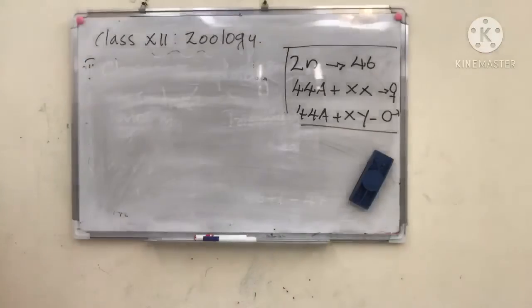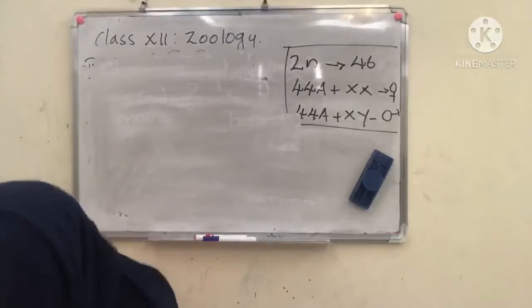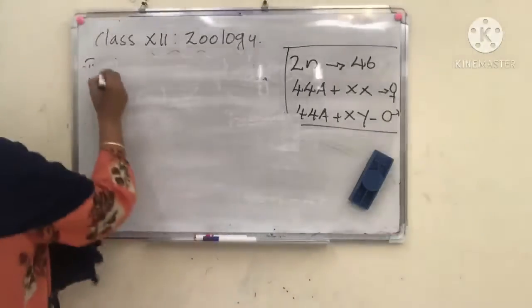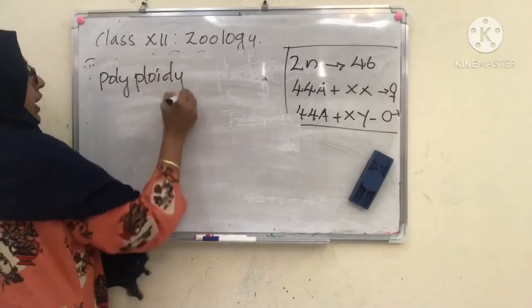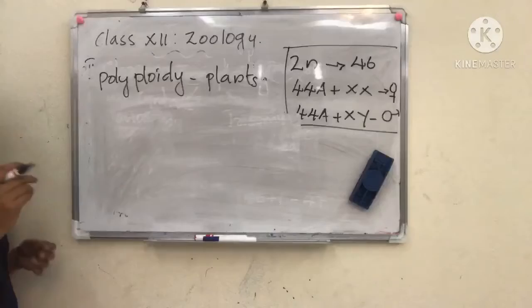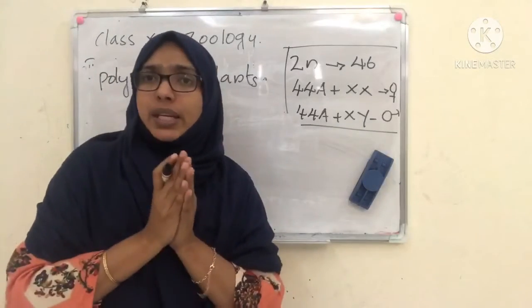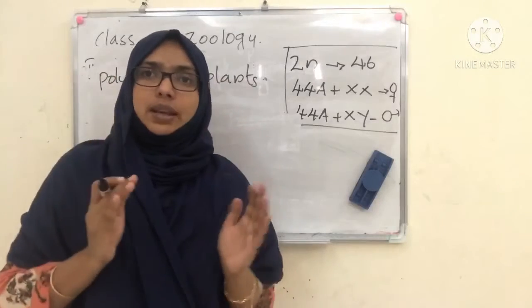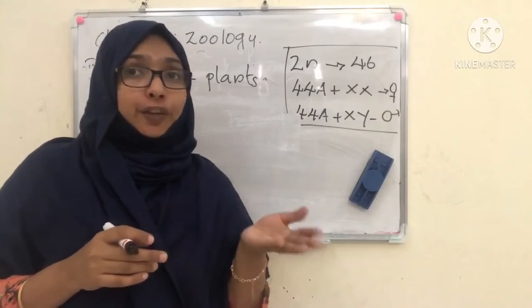polyploidy. Okay. Polyploidy is generally seen in plants. It is the failure of cytokinesis. What do you mean by cytokinesis? Division of the cell. Division of the cell happens after telophase, isn't it?